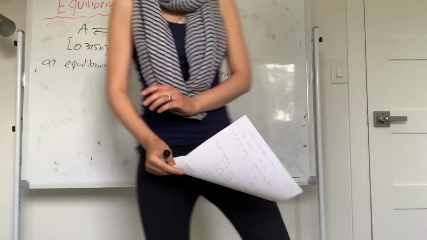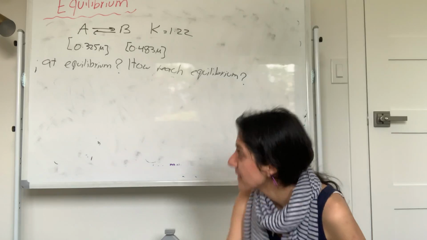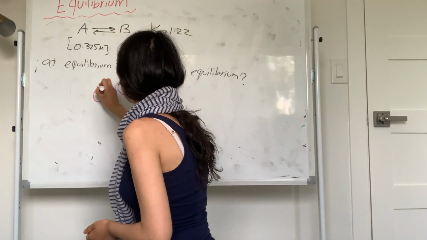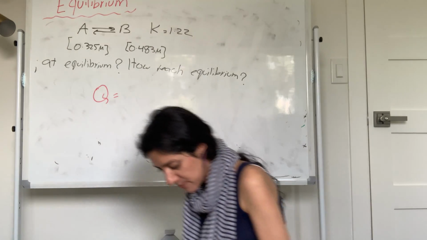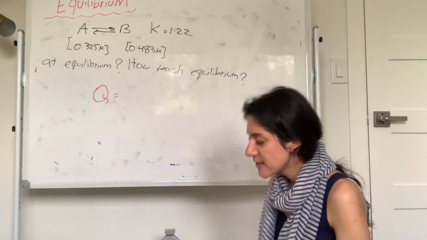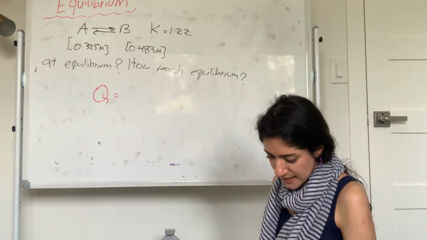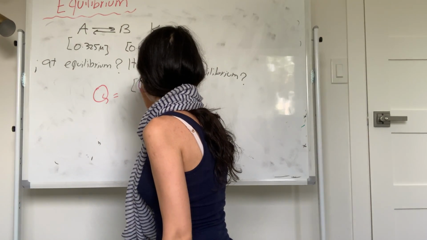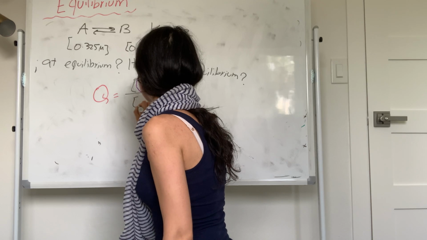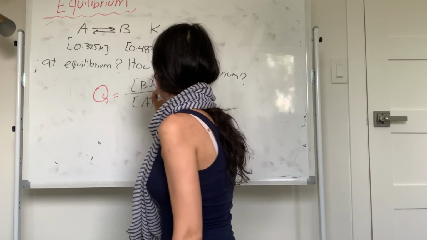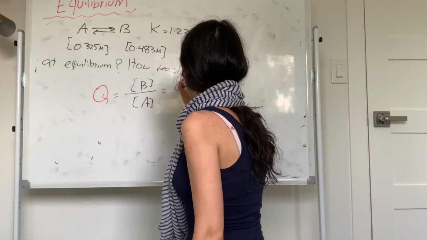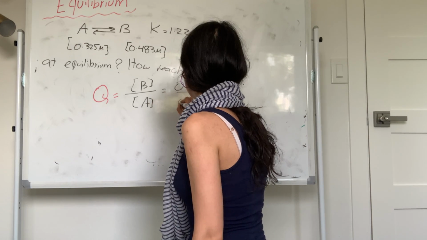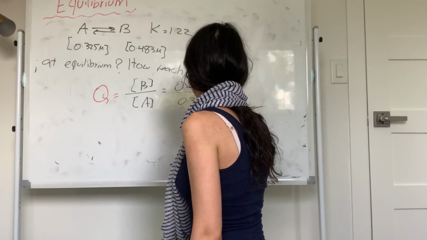So, now that you unpause me, every time they ask you, are you at equilibrium? What do you have to figure out? You have to figure out Q, which is the same thing as K, product over reactant. In this case, it would be the concentration of B over the concentration of A. My concentration of B is 0.483, A is 0.325.